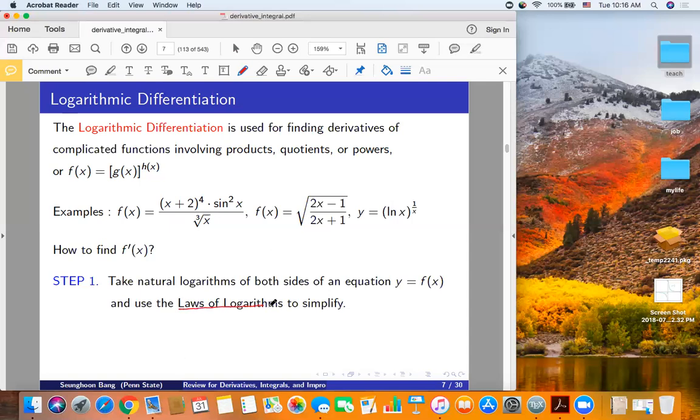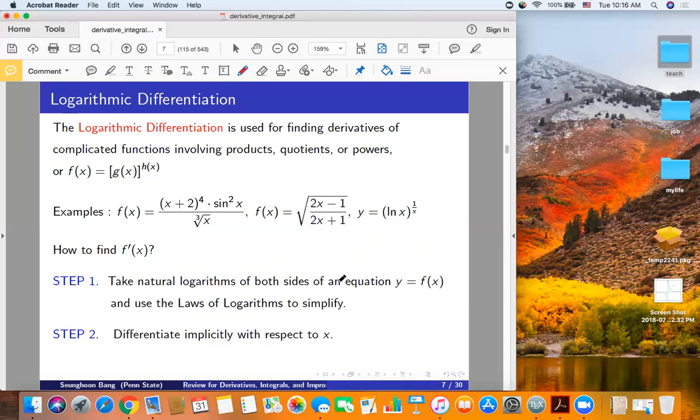What are the laws of logarithms? ln of x times y, you can change it to ln of x plus ln of y. ln of x over y, you can change it to ln of x minus ln of y. ln of x to the power r is r times ln of x. These are exactly the laws of logarithms. We can use these.